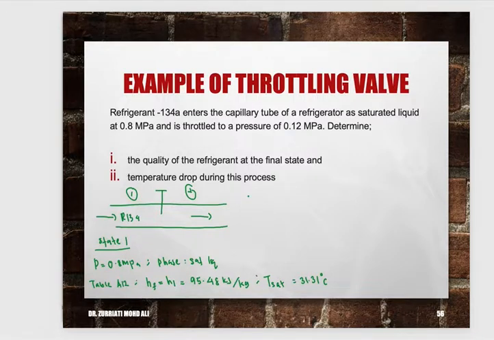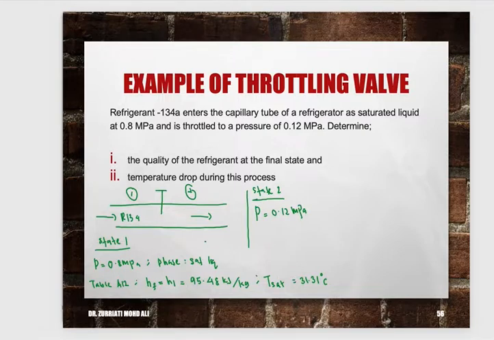So how about state 2? State 2 has a pressure that dropped from 0.8 to 0.12 MPa. So it has only one property. But if we want to refer to the property table, we must have at least two properties. So since there is only one, how can I get the value?